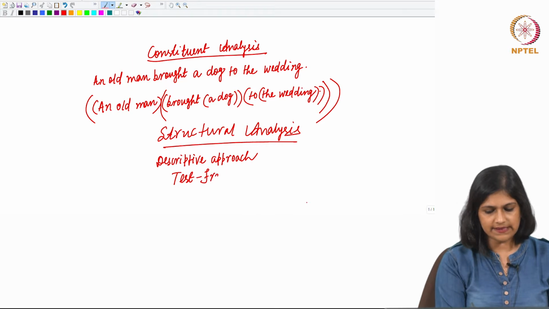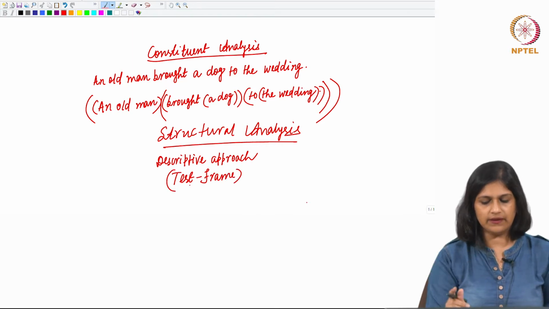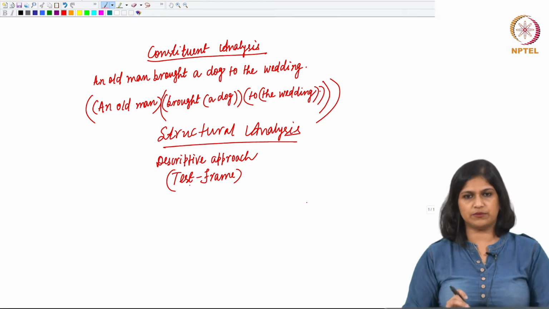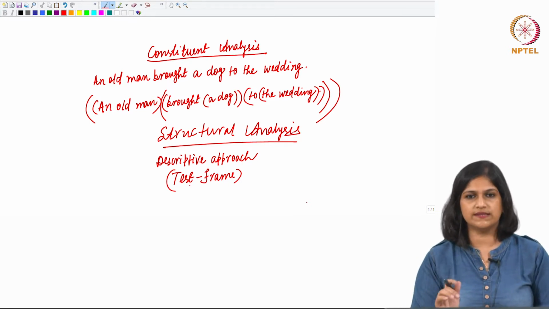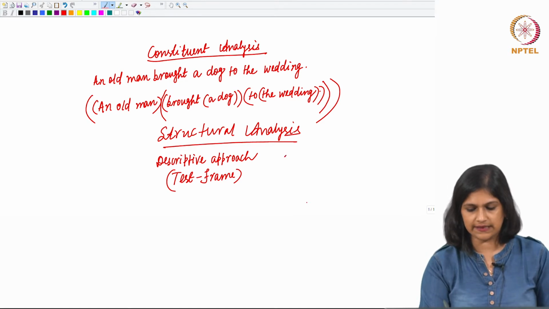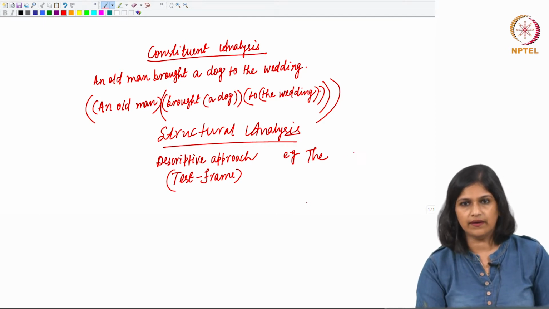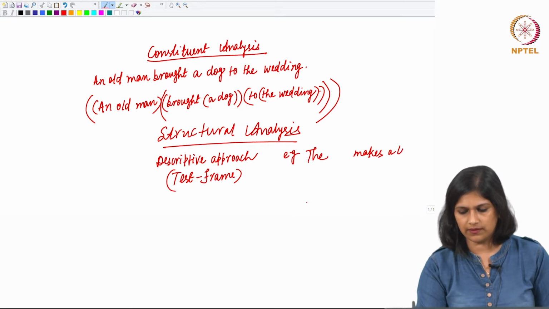When it is a test frame, you have to find a lot of data, a lot of sentences, and then fit certain kinds of words and phrases into it. Let's take an example that Yule has discussed. I am writing "the ___ makes a lot of noise." That is an example Yule has given.